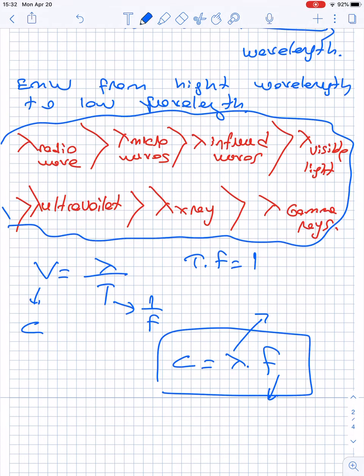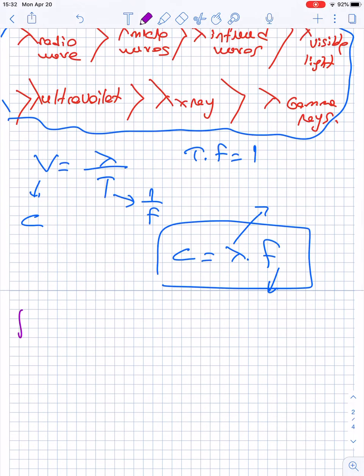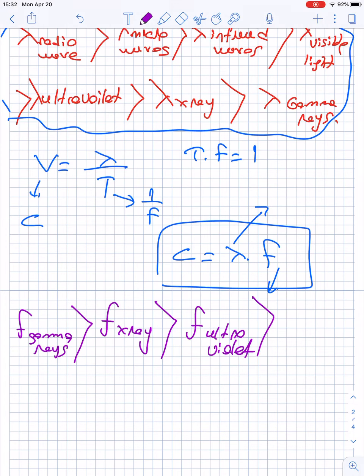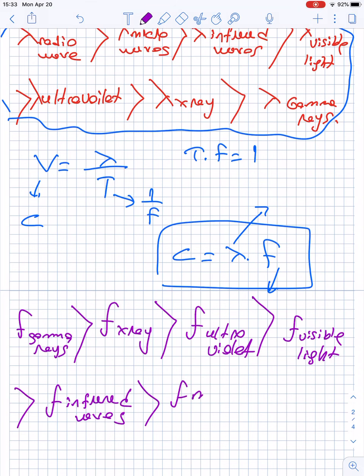Okay, if we check this here, if we write electromagnetic waves from high frequency to low frequency, always I will write oppositely: frequency of gamma rays bigger than frequency of X-ray bigger than frequency of ultraviolet, and bigger than frequency of visible light, and bigger than frequency of infrared waves, bigger than frequency of microwaves, and frequency of radio waves.